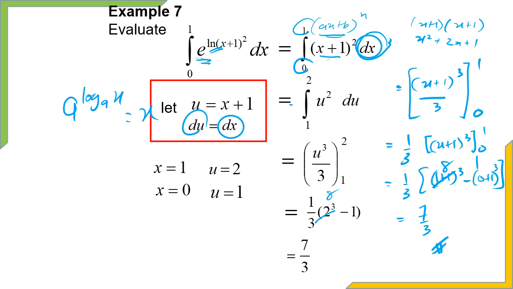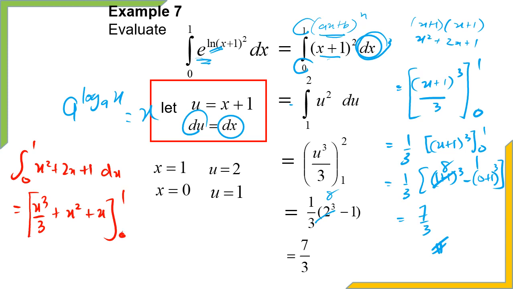How about if you use expansion? Okay, so let us use expansion. So what we want to integrate is x squared plus 2x plus 1 with respect to x from 0 to 1. So we get x cubed over 3 plus x squared plus x from 0 to 1.